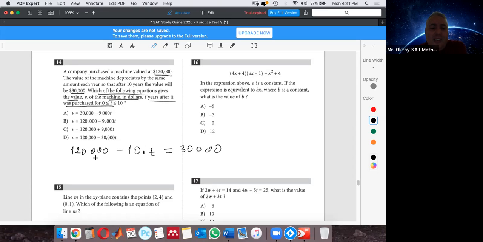So directly, how can we find this? Any idea, guys? If we switch the 10 multiplied by T and represent it with V, D is the right answer.